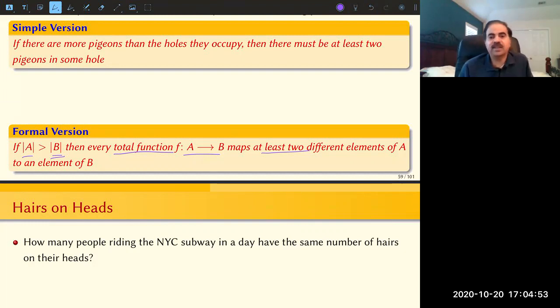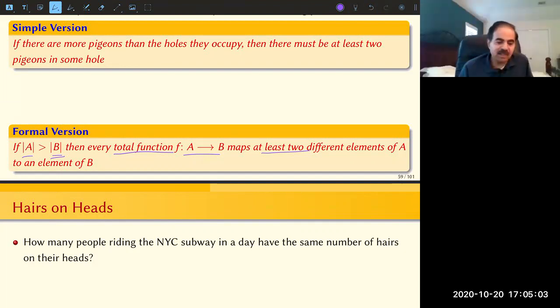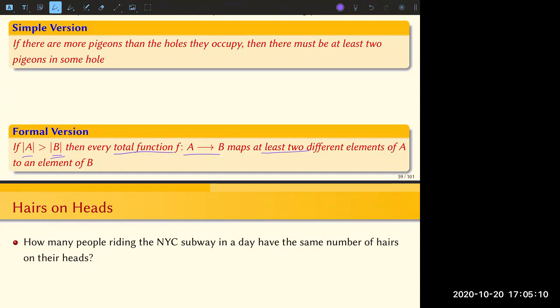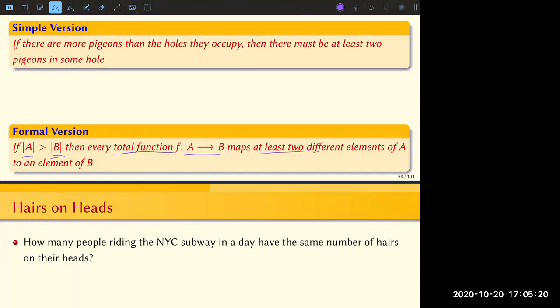Okay, so what data do you need before you can try to answer this question? You might need the maximum number of possible hairs. Okay, so let's say that's 100,000. What if you look at the minimum? Like, what if they're bald? Okay, so that's a very, very good question. But we don't want to cheat, so we won't consider that case.